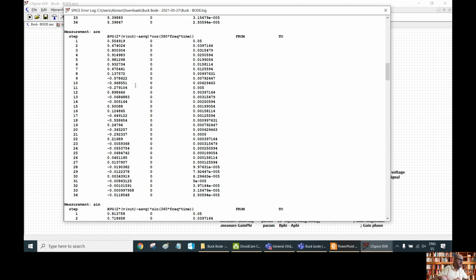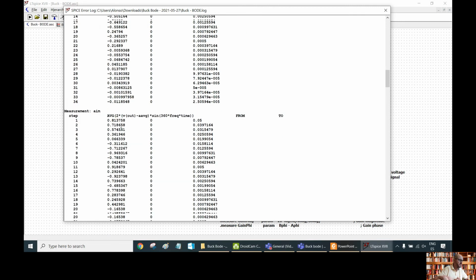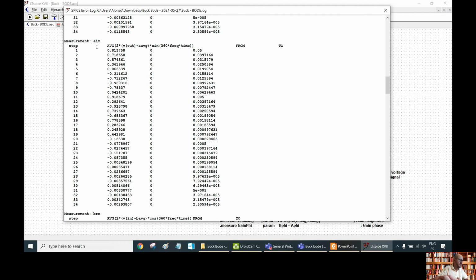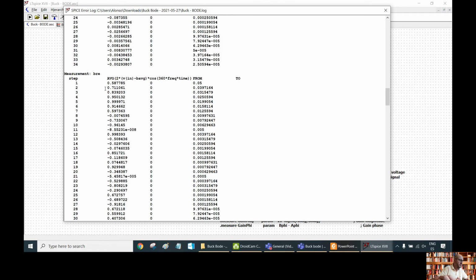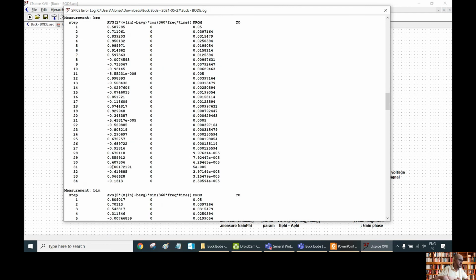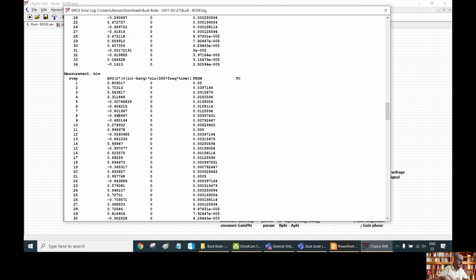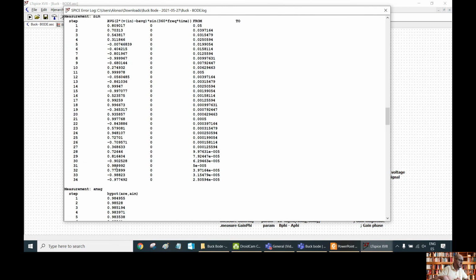Then here the real part of the different harmonics, then the imaginary part of the different harmonics at the output. Same thing at the input, the real part of the harmonics, the imaginary part of the harmonics.